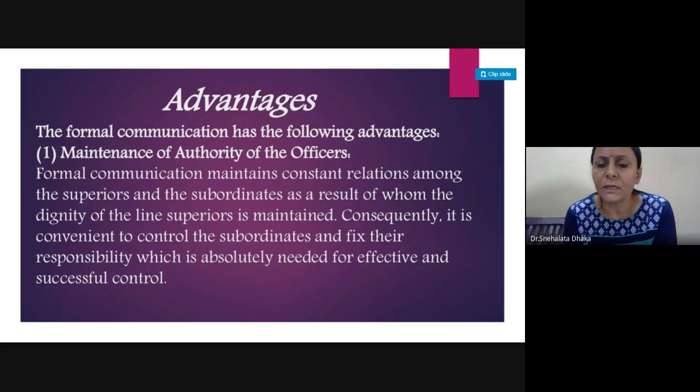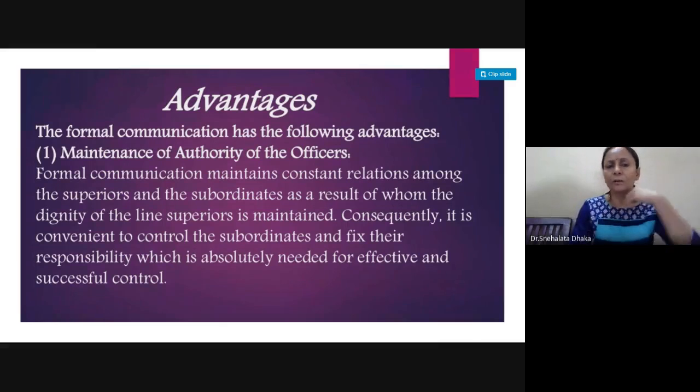Suppose somebody has to meet the manager in the same organization. Then also the person has to maintain the hierarchy. The person has to first take the appointment, then enter the office with permission only. The person can't spontaneously enter the manager's office. Clear? And there should be proper formal behavior of the person towards the manager while meeting.